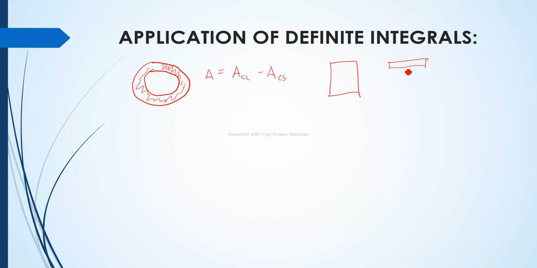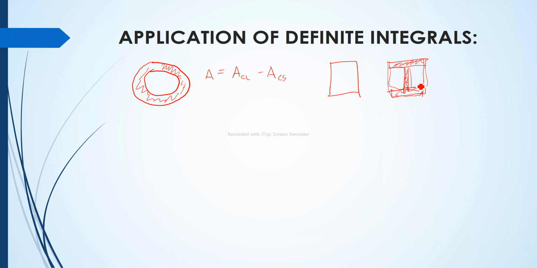The same concept also applies. You can get the area of the whole minus the area of this part to get the area of this region.